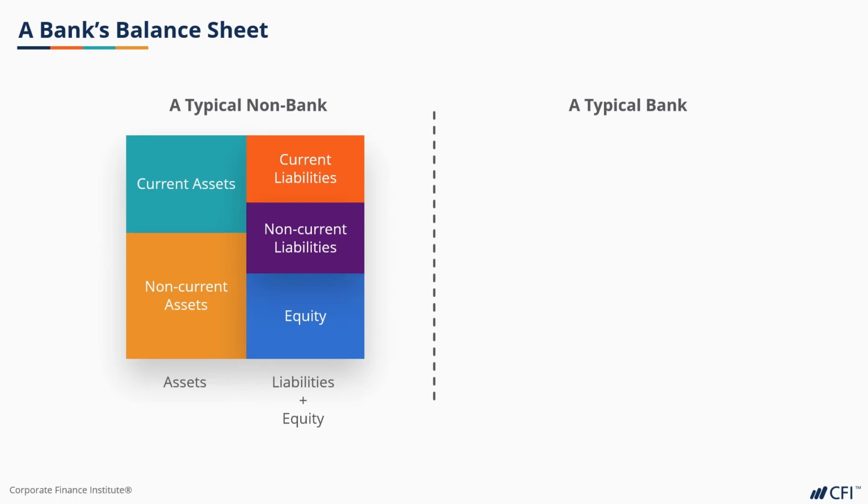The assets in a bank are different to that of a normal business. Starting with the assets, you can see the differences instantly. For a bank, the main assets include loans that are made to clients. These loans will be both current and non-current.